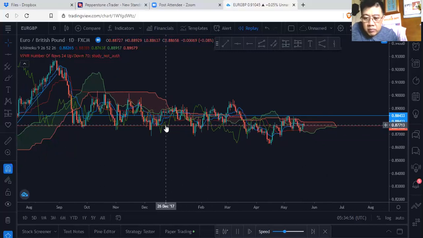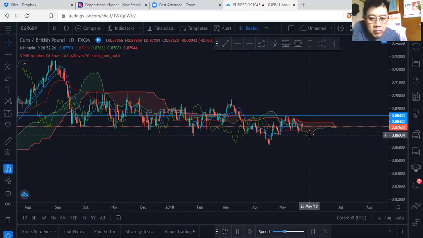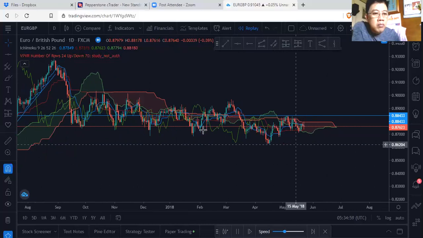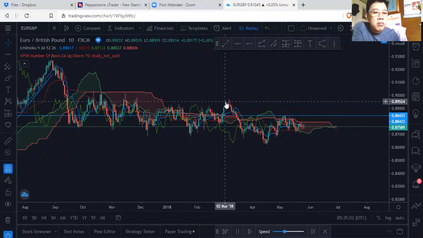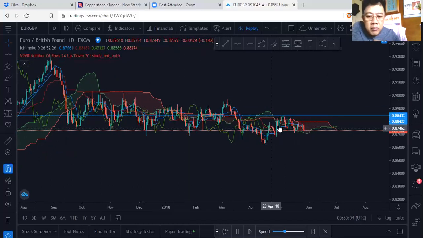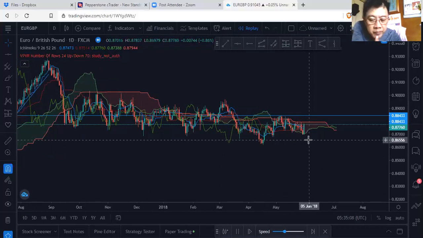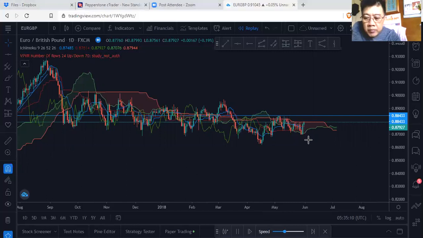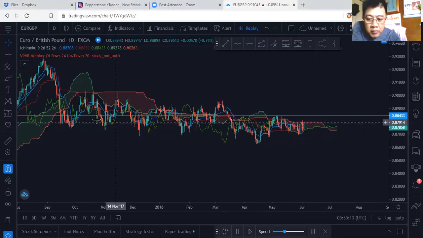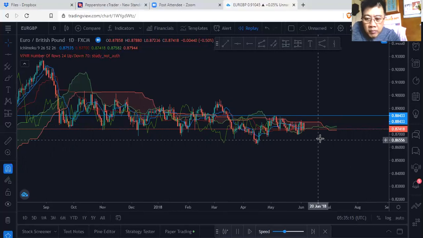The market is really ranging in this location, so it's not nice to enter, but we can play around with the 1 to 3 setup. There are a lot of 1 to 3 here. The market is pretty creepy in this position. It's ranging.